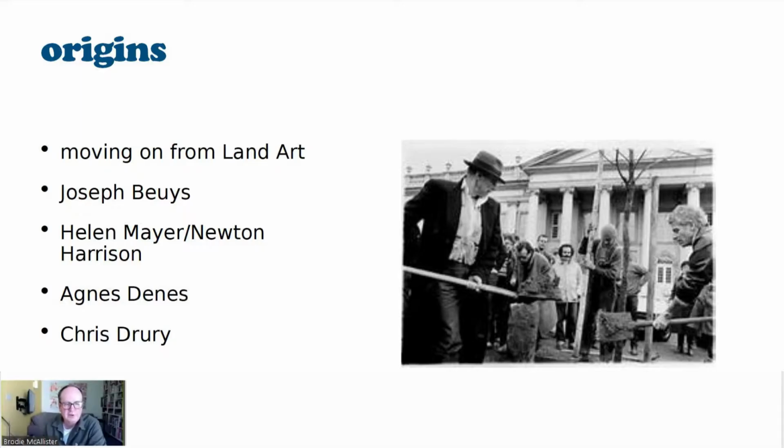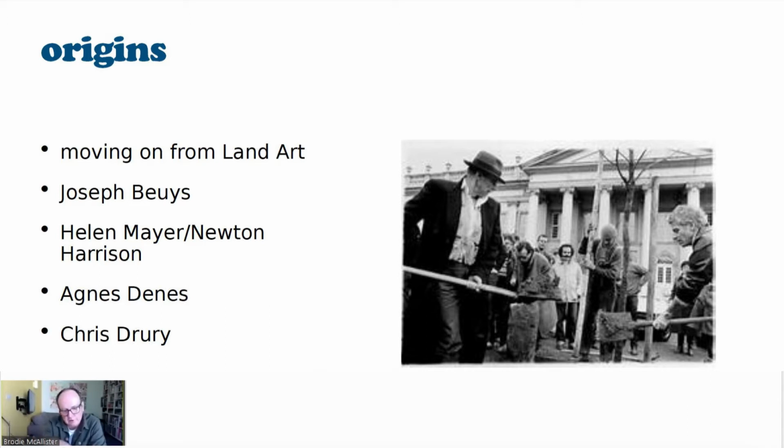The origins of environmental art. Well, as I mentioned before, it started with the movement on from land art. Land art was in various decades, but principally in the 1960s. Quite a lot of it was in America. It was concerned with shifting landform, making statements of contrast or conjunction with nature, quite geometrically, quite minimally.